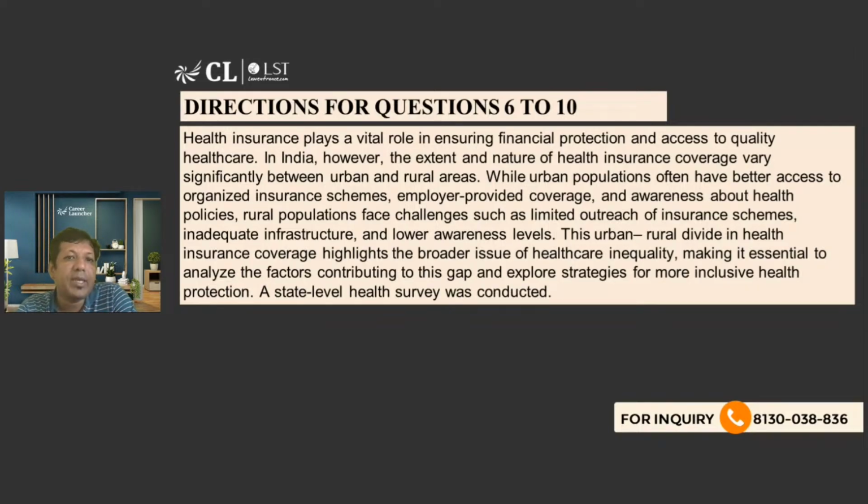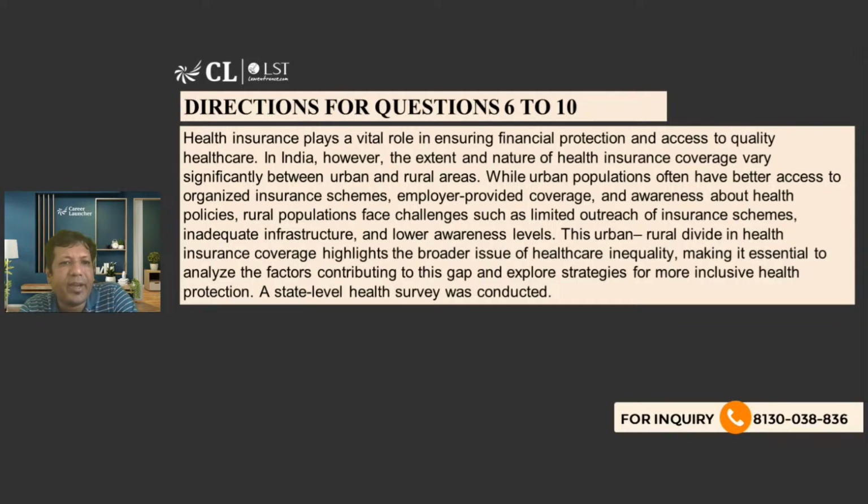Health insurance plays a vital role in ensuring financial protection and access to quality health care. In India, however, the extent and nature of health insurance coverage vary significantly between urban and rural areas. While urban populations often have better access to organized insurance schemes, employer provided coverage and awareness about health policies, rural populations face challenges such as limited outreach of insurance schemes, inadequate infrastructure and lower awareness levels.